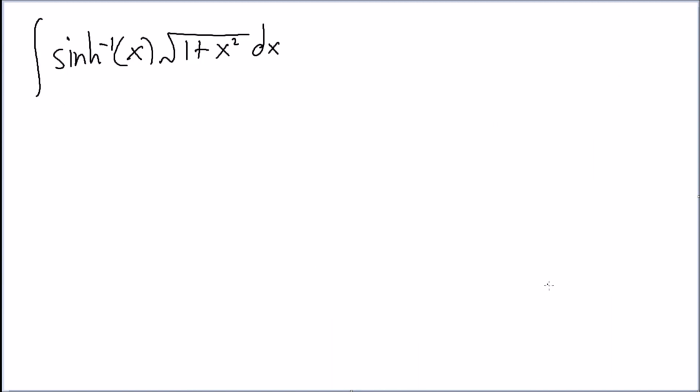Another one of these. Let x equal sinh theta, right? And then this would simply be theta, and then we have cosh theta, then another cosh theta from our d theta. So cosh squared theta d theta.